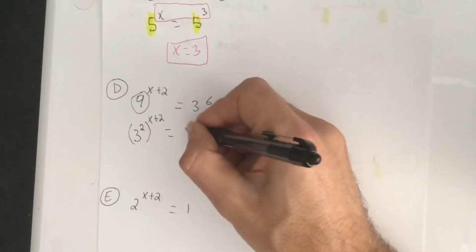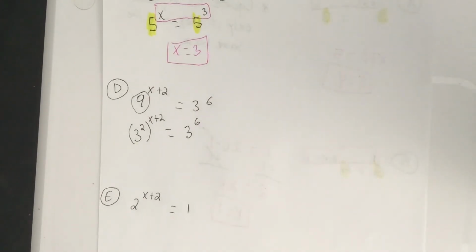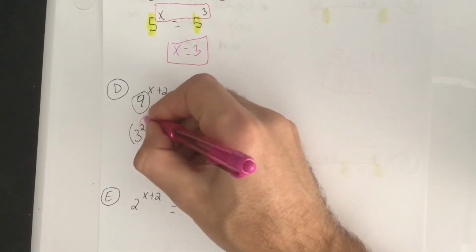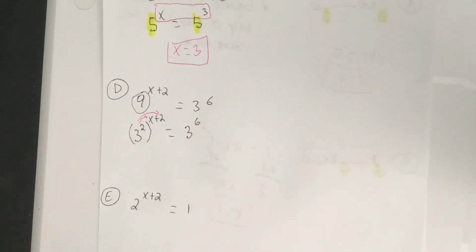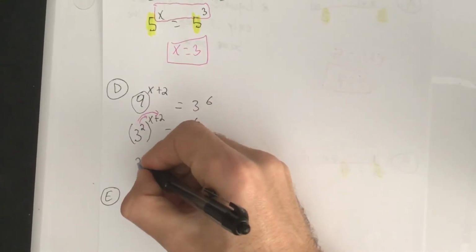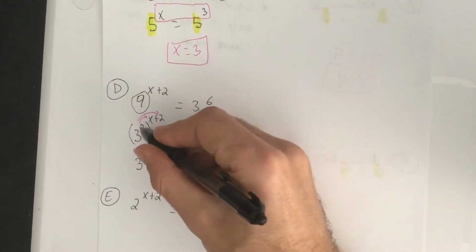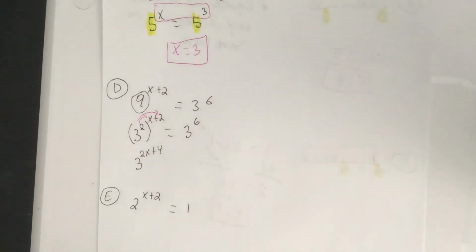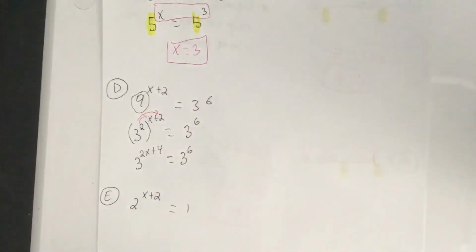And that's equal to 3 to the 6th power. If you guys remember the rule of exponents, power to a power, you can multiply the exponents using the distributive property. So we can rewrite this as 3. 2 times x is 2x. 2 times 2 is 4. 3 to the 2x plus 4 equals 3 to the 6th power.